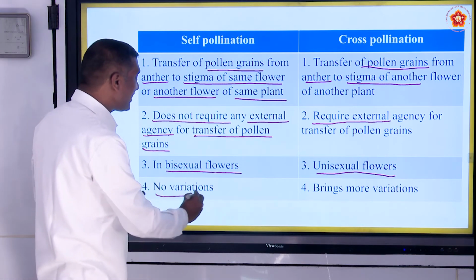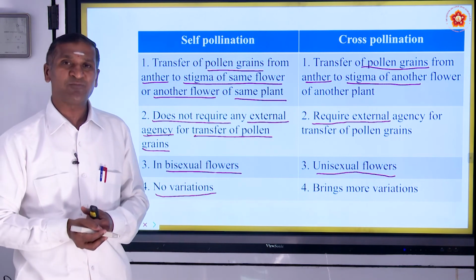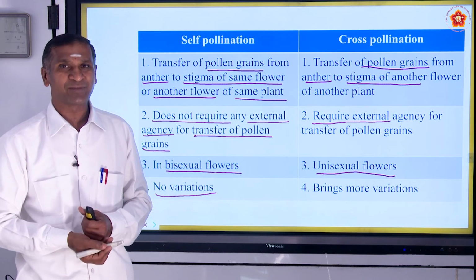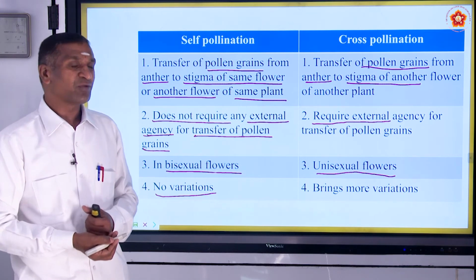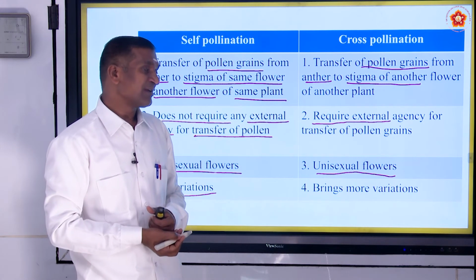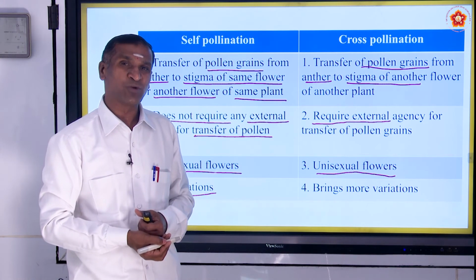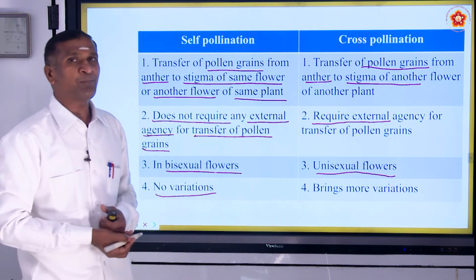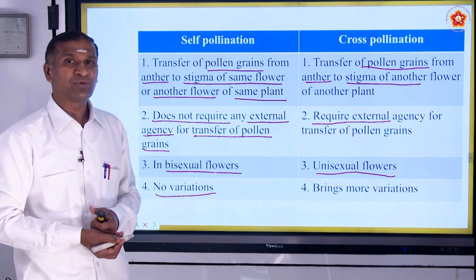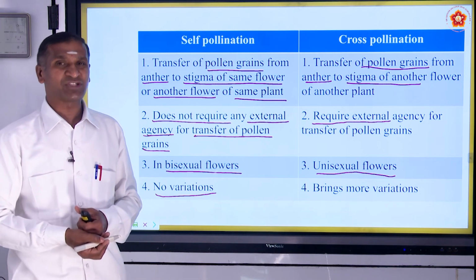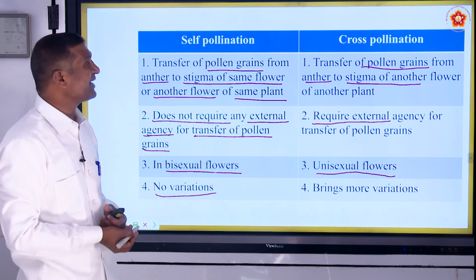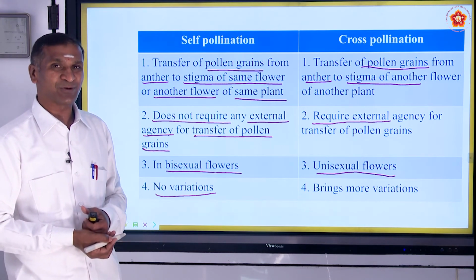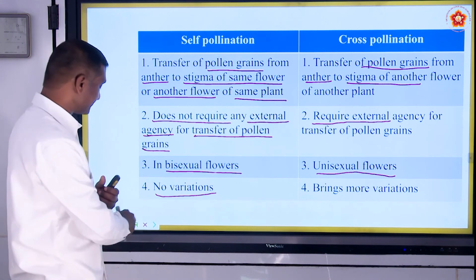There are no variations observed in self-pollination because it is of the same plant or the same flower. Whereas cross-pollination will bring about more variations. From the exam point of view, a very important question to all the students is: write the difference between self-pollination and cross-pollination in flowers.